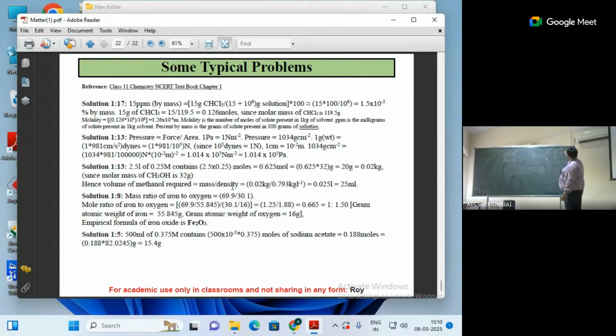Now, how will you define it as a compound? One mole has been produced, which means 2 equivalents have been produced.